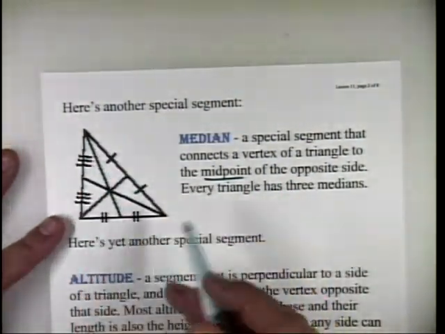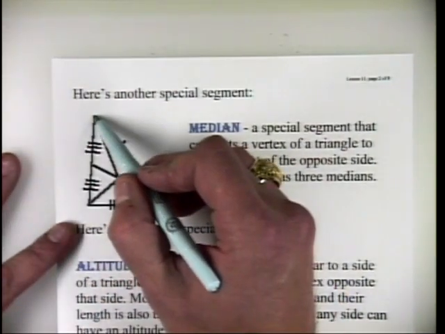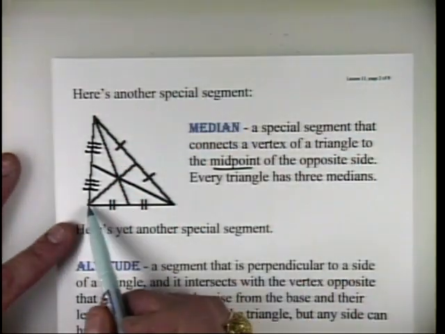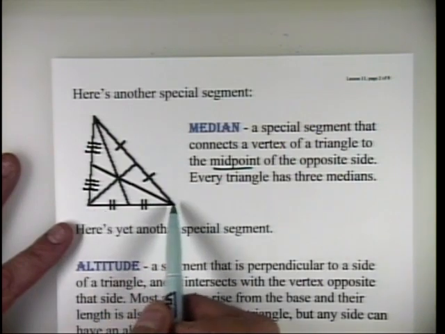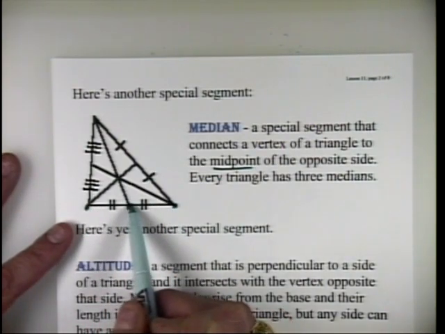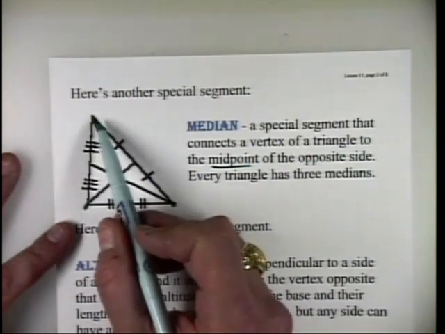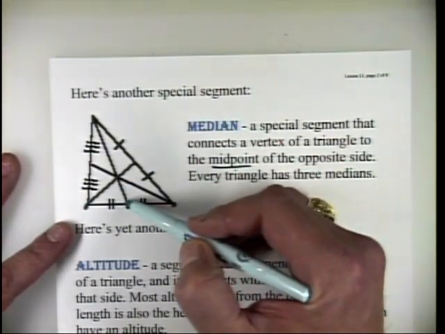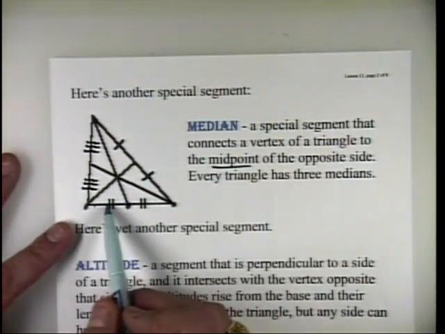So if we look at this triangle here, I can start at any vertex. Let's start at the top here. If I come down to the side opposite and I eyeball or measure the point that's halfway between here and here, it might be this point here. So now if I draw a line from that vertex to this point, which is already drawn here, that should cut this opposite side into 2 equal parts.